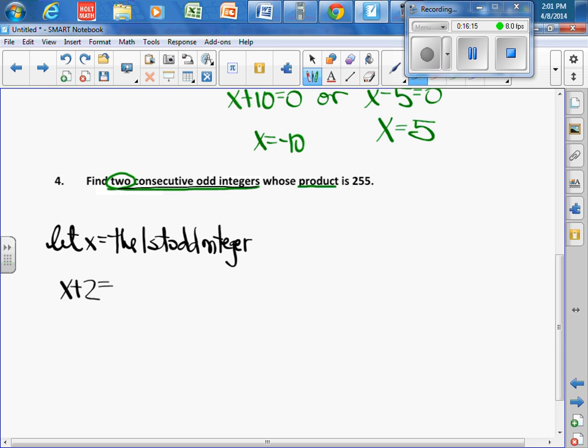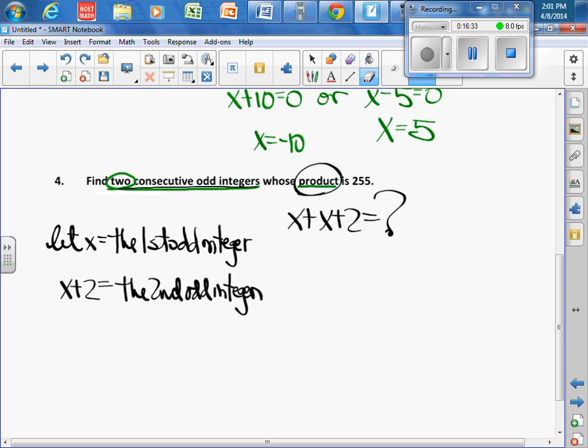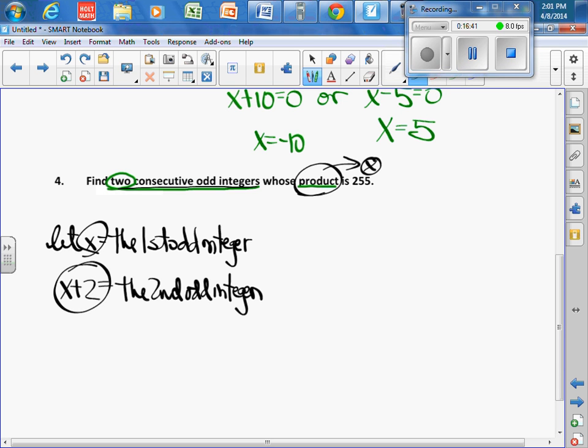So x plus 2 would be the second odd integer. Now, before, when we would set up the equation, we would go x plus 2 equals whatever, right? But that's when we were talking about the sum. This is product. What does product mean we do? Right. We're going to be multiplying here. So we're going to multiply these two things together. So how about x times x plus 2 is 255?